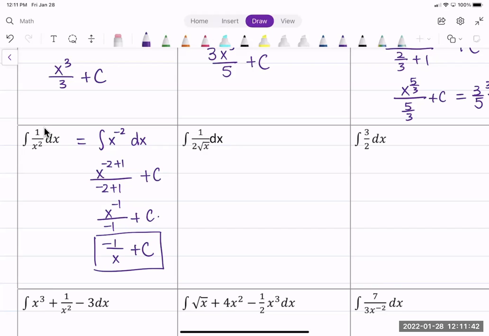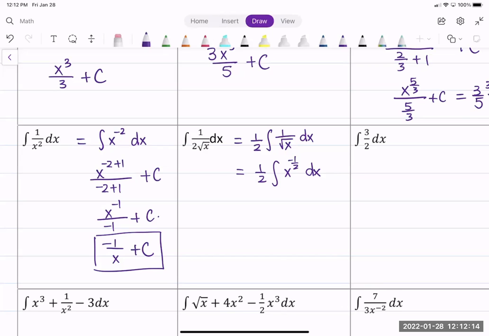Similarly, the next one, we have 1/2, same thing. I'm going to pull out the coefficient, and we have 1 over square root of x. Let me write the steps. So 1 over square root of x dx, and we're going to have 1/2 integral of x to the power -1/2 dx. Because the variable is in the denominator, I want to bring it to the numerator, so we have a negative exponent.